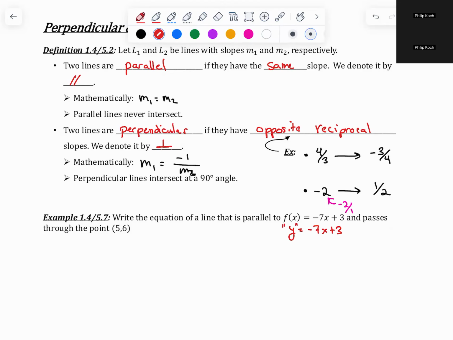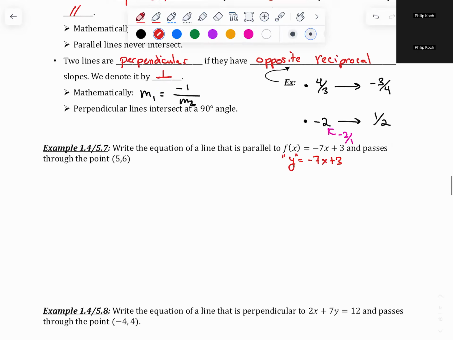So let's now look at this problem. The problem is saying we want to find the equation of a line. There are two things that are needed: either we need 2 points, or we need a point and a slope. We are only given 1 point, so there must be a way to find the slope.